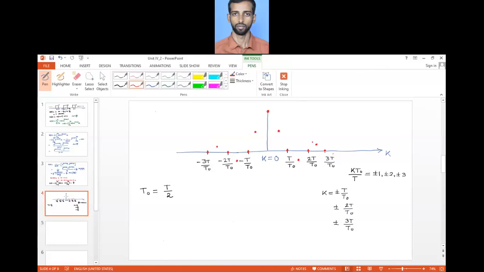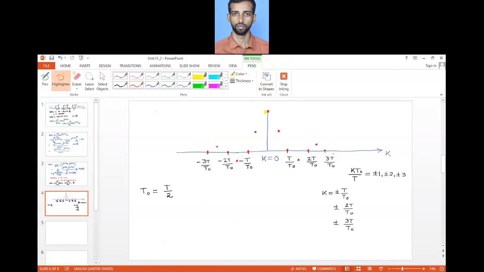Since it is continuous in the time domain and periodic, obviously its frequency domain representation, the Fourier series that we have got, has Fourier coefficients that are discrete in nature. X of k for all k ranging from minus to plus infinity, including k equal to 0. So that is the value for k equal to 0.